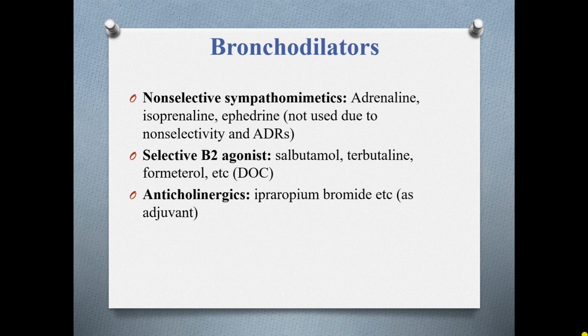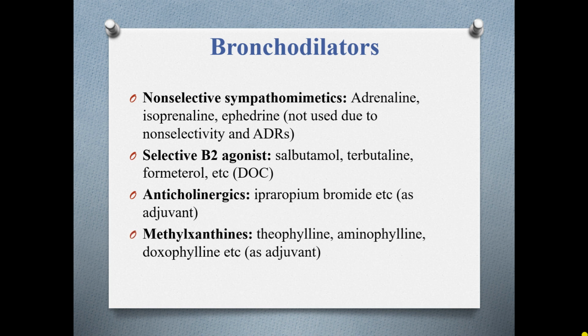Anticholinergic: M3 receptors are located in the bronchial tree. Ipratropium bromide can produce bronchodilation, but it is used as an adjuvant. And methylxanthines, which include theophylline, aminophylline, doxophylline, etc., are used as adjuvants. So in bronchodilators, we have four categories.